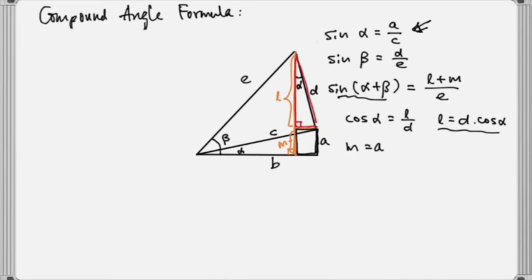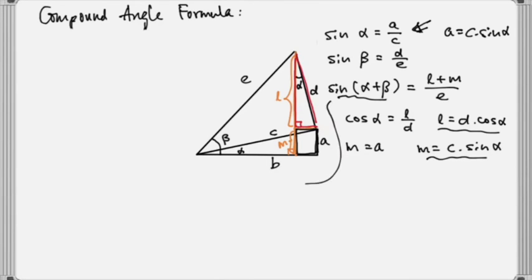Sine of alpha is equal to A divided by C. So I can write A is equal to C times sine of alpha. Therefore M, since it's equal to A, is also equal to C times sine of alpha. Okay, and I'll save that for future use as well.